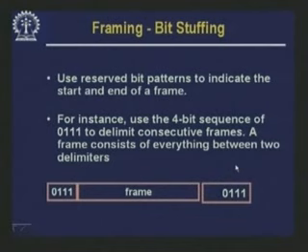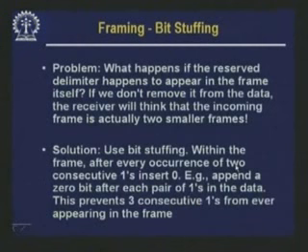Obviously, I do not know whether that is obvious, but there is a problem with this. The problem is, what happens if the reserved delimiter happens to appear in the frame itself? If you do not remove it from the data, the receiver will think that the incoming frame is actually 2 smaller frames. Suppose we have 0 1 1 1 as the delimiter, but the data itself, which has come maybe from the user, may contain any bit pattern, and you have to allow any and every bit pattern to the user.